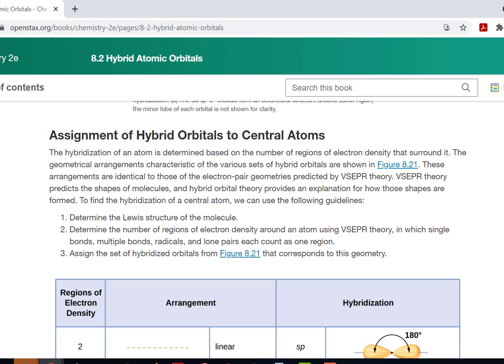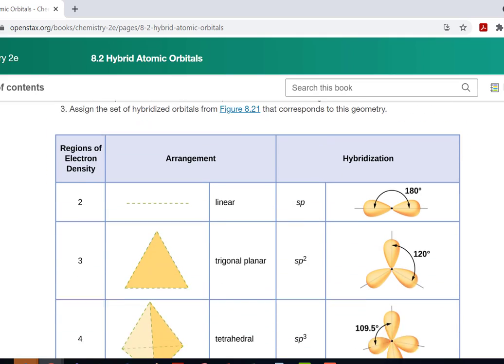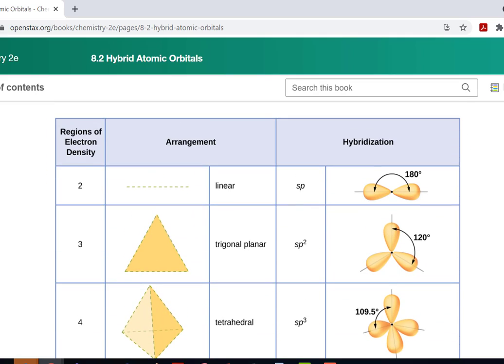And when we do this, single bonds, multiple bonds, and lone pairs each count as one region. We could include radicals, but we're not going to get into that level of detail for the most part. And then assign hybrid orbitals based on the geometry. So here we're showing how you would go about doing that.